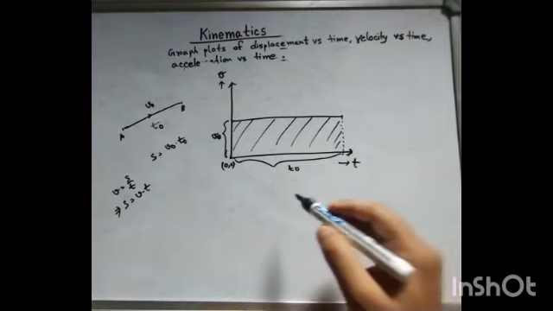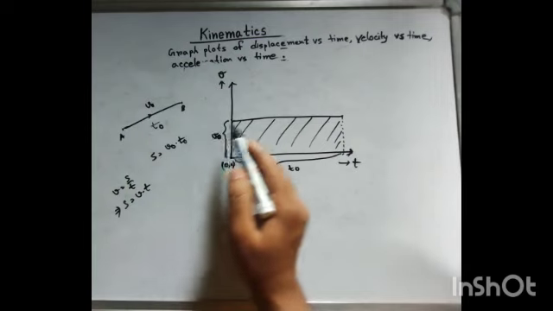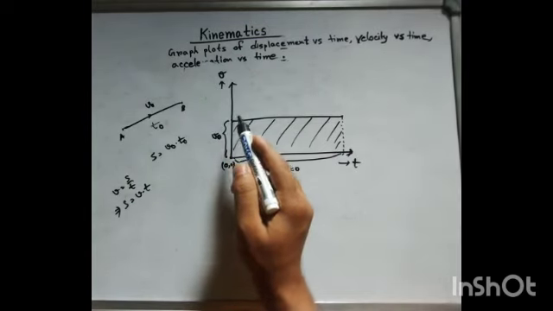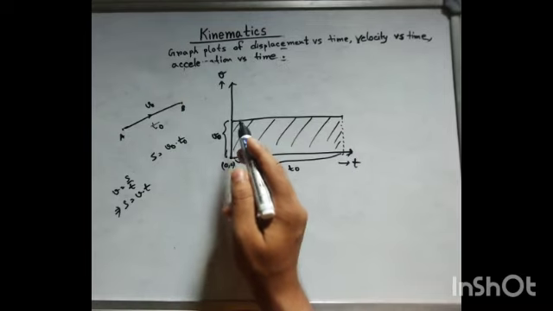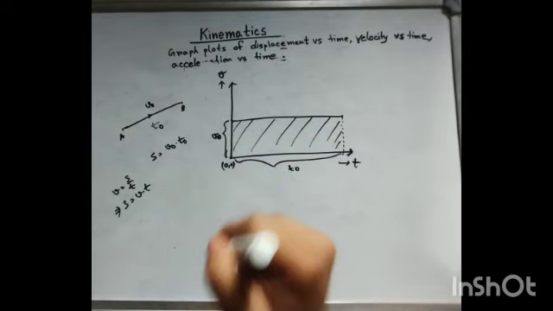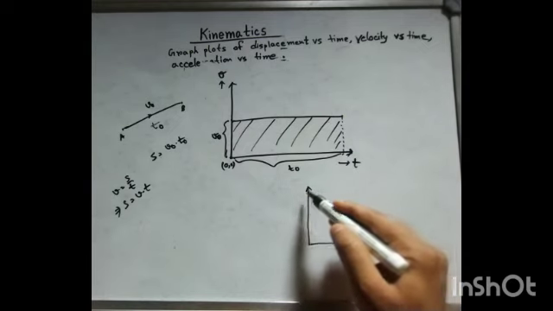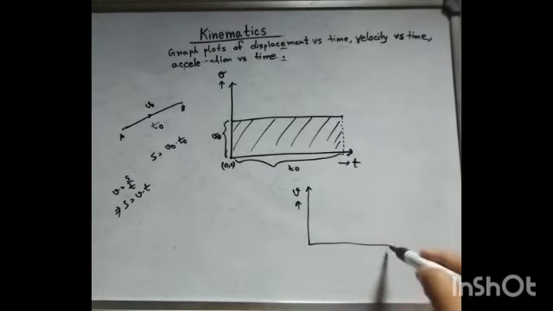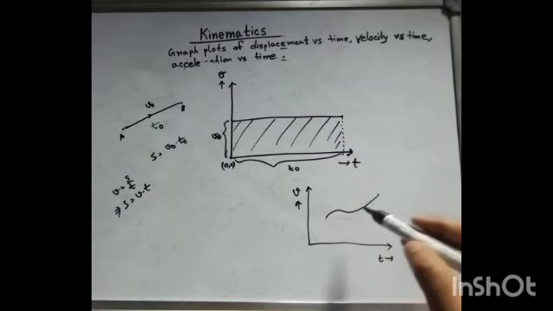So if I have to find displacement from a velocity versus time graph, we have to calculate the area under that curve. Now suppose we take a random curve, suppose this is v and this is t, a random graph.